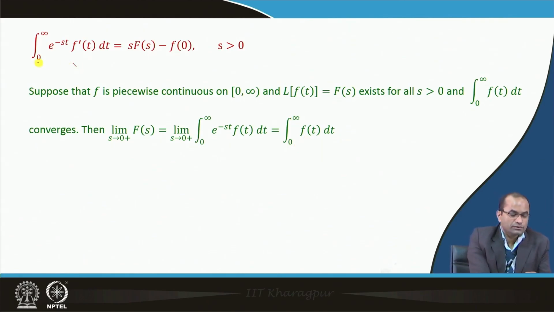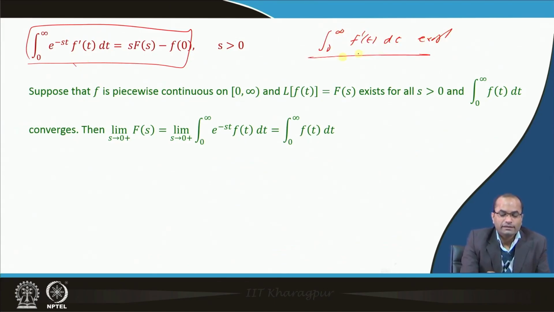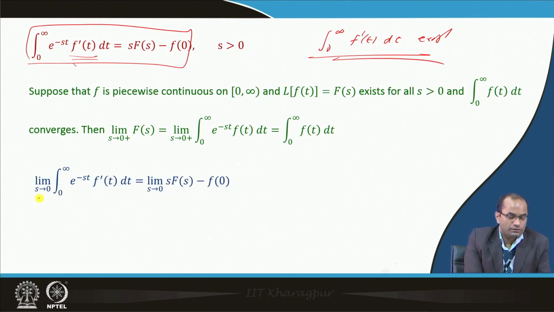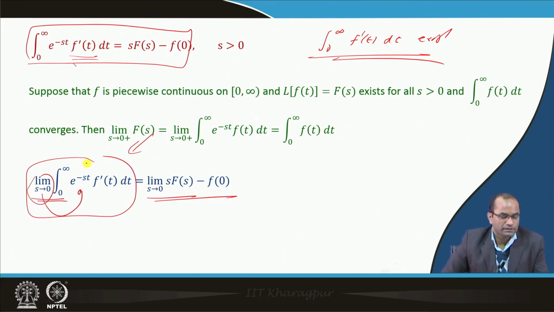In our case also this result is valid for all s positive, and all other conditions are valid if we assume that the integral from 0 to infinity of f prime(t) dt exists. Having this, we can pass the limit s tending to 0 from the right on both sides, and the above result says we can take the limit inside.